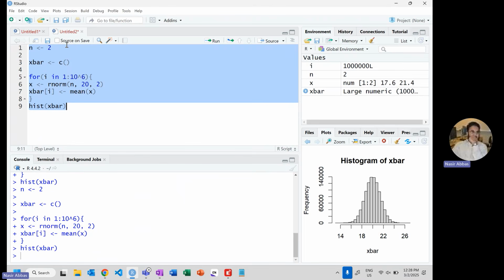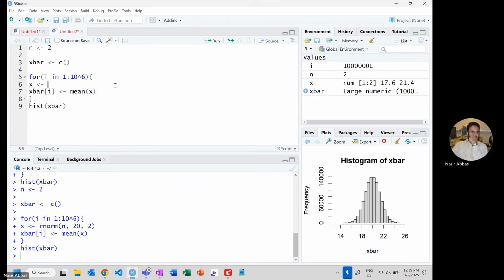So X bar will be exactly normal no matter what the sample size was. 1 or 2 or 3 or 4, this is normal, right? So when X is normal, here I'm generating X from normal, no matter what the sample size is, X bar is exactly normal. Now I'll go to result number 2. I will generate X from, let's say, exponential distribution.